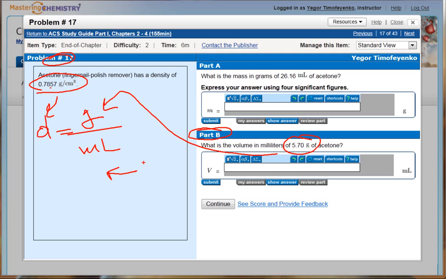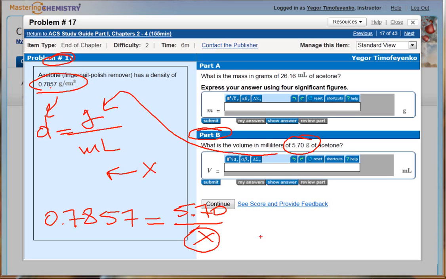This is my x. Therefore, what I have to do, I have to say 0.7857 equals 5.70 divided by x.